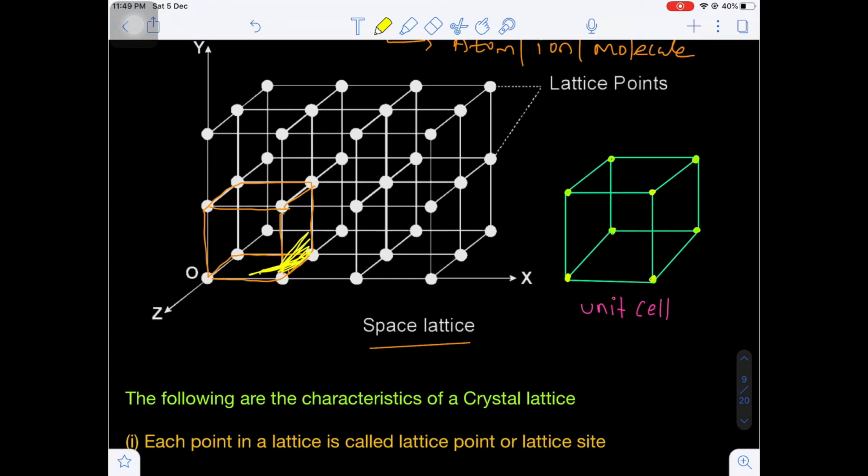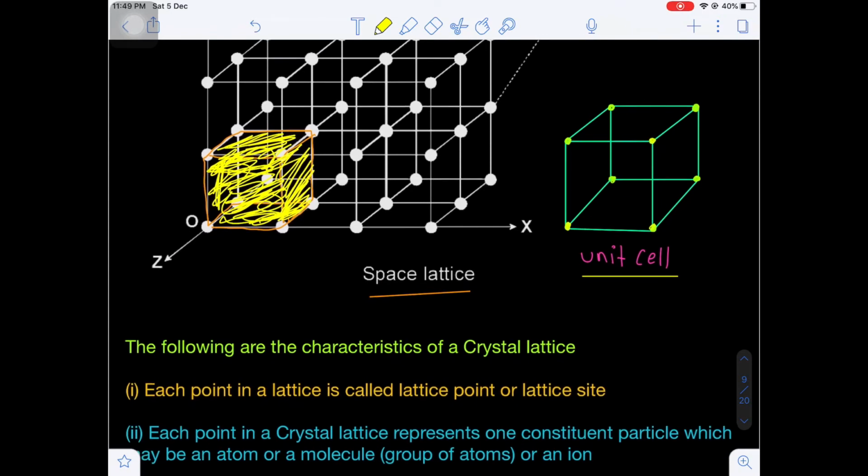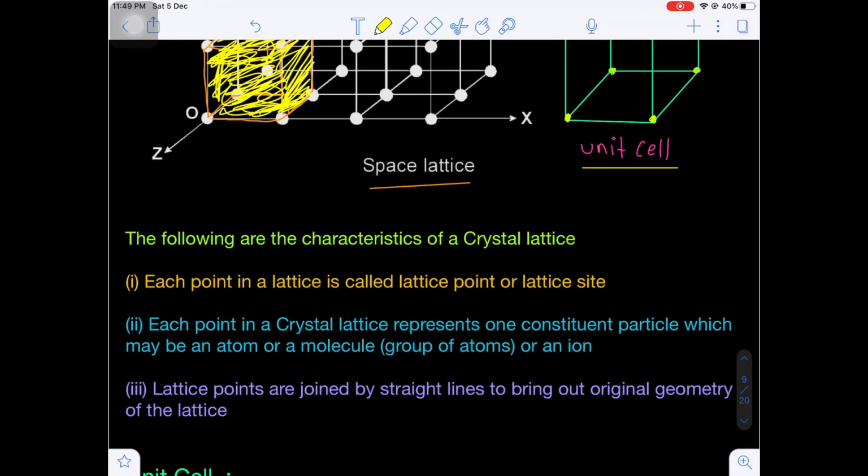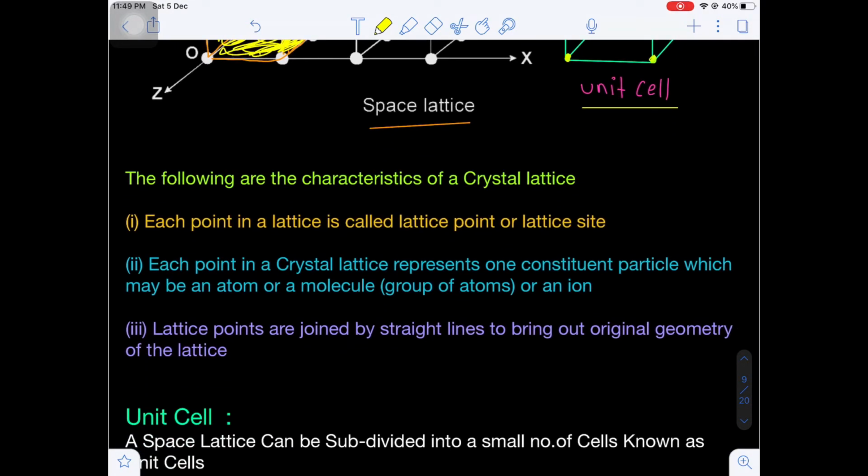So this is the small portion of the space lattice which is repeated in three-dimensional space to generate the total structure of the crystal. This is known as what? Unit cell. It is nothing but the imaginary building block of the crystal. The building block of the crystal is known as a unit cell. Are you getting my point?